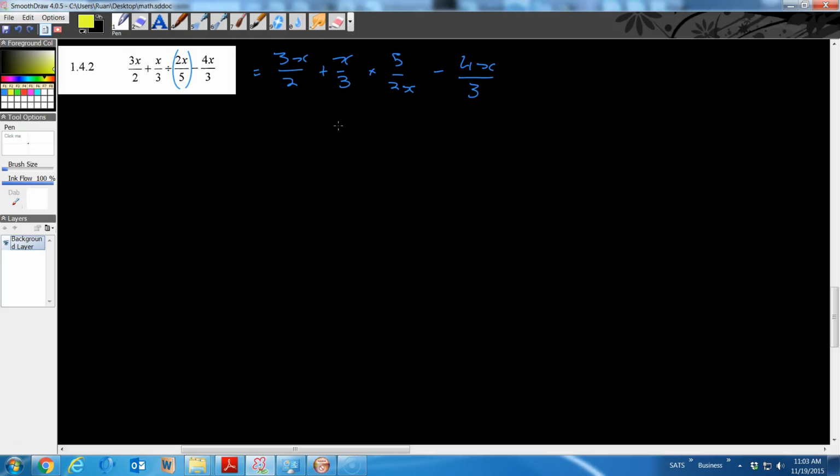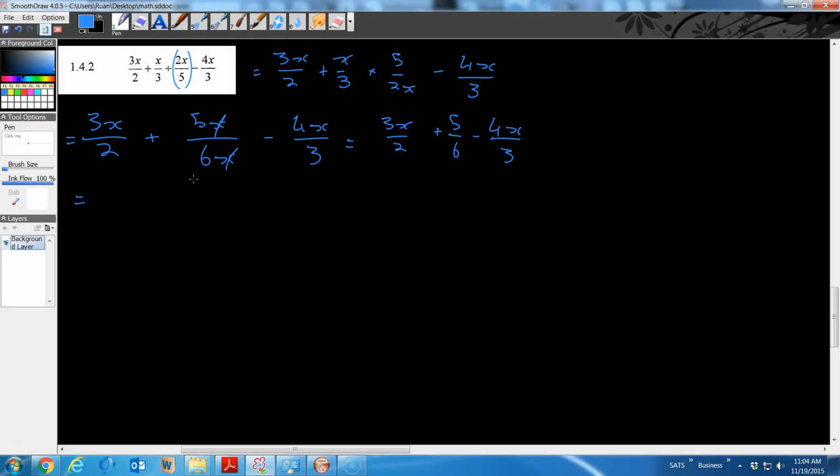Maybe for clarity's sake, let's rewrite it. 3x over 2 plus, okay, so let's see, x times 5 is 5x, right? 3 times 2, that's 6x, minus 4x over 3. Now I should put an equal sign here to indicate that that equals this. I'm just simplifying. What's interesting here is these x's cancel, and now I'm left with 3x over 2 plus 5 over 6 minus 4x over 3.